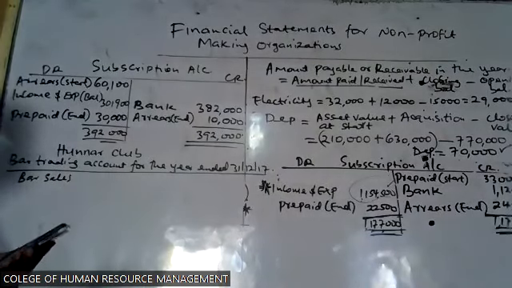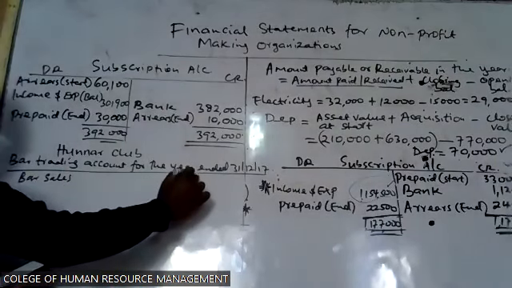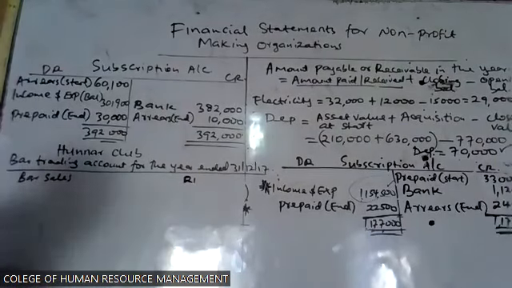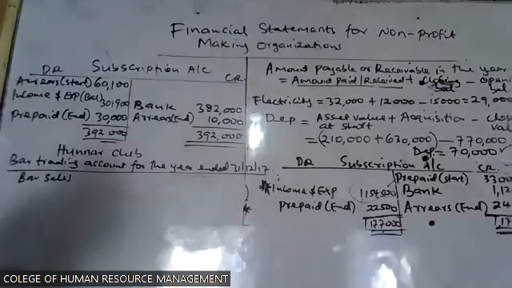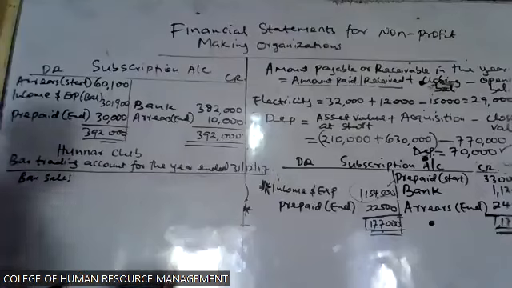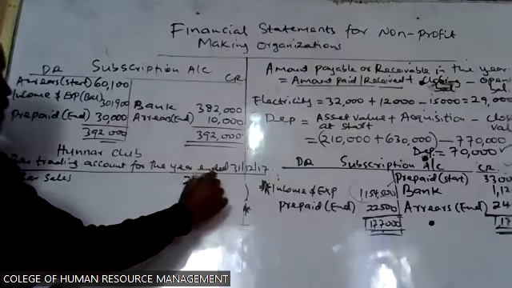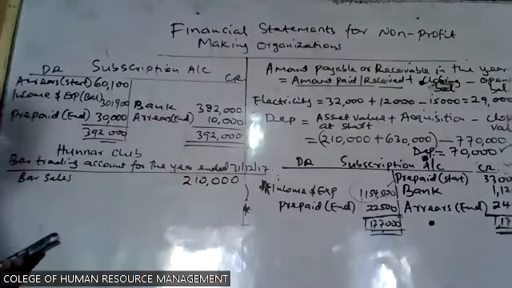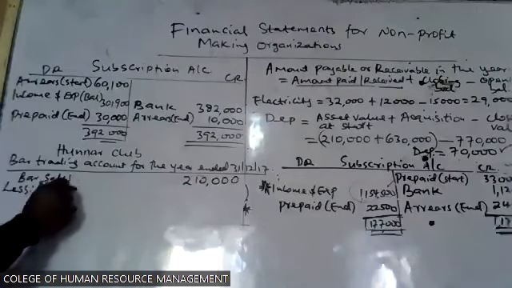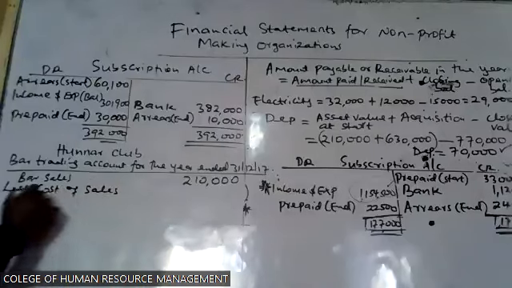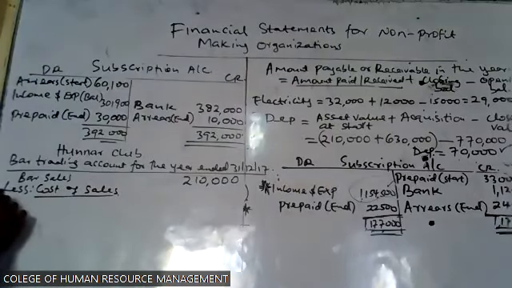The sales are on the receipt side of the receipt and payment account, they are captured there as 210,000. Then you come here and you say less cost of sales. Opening inventory.